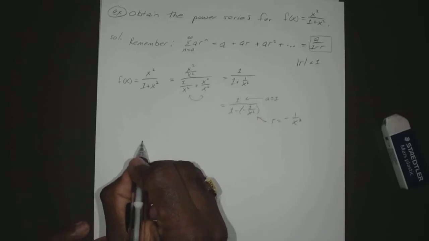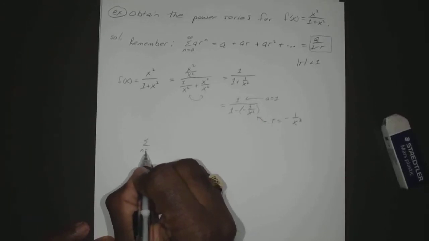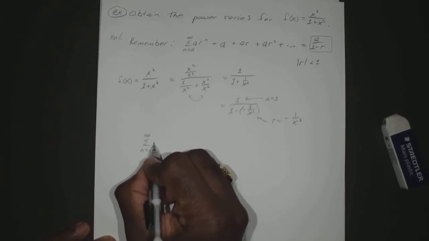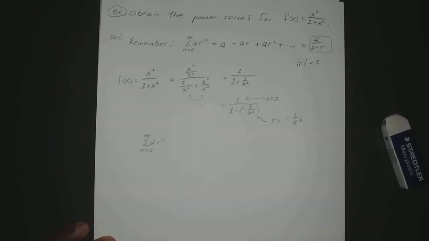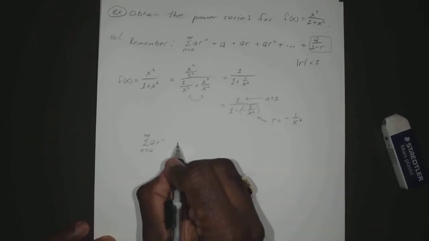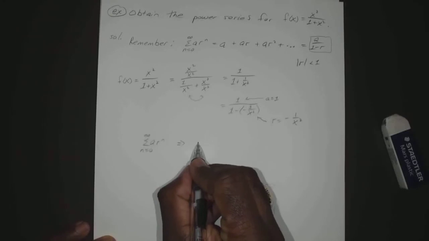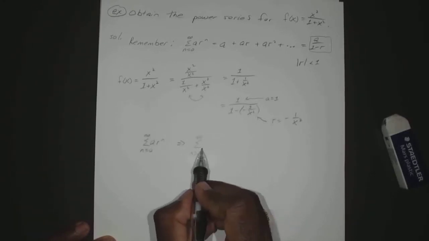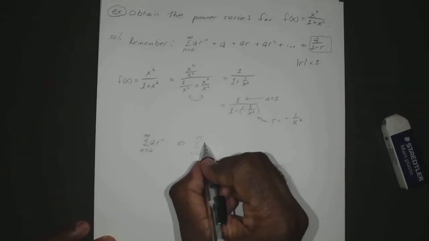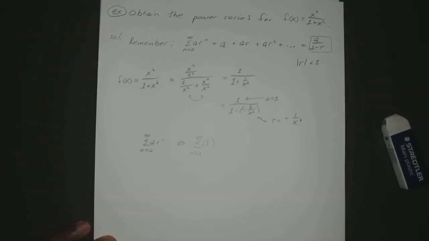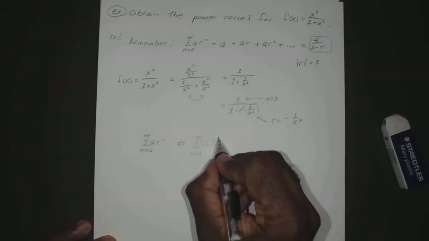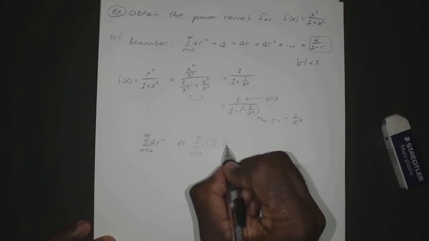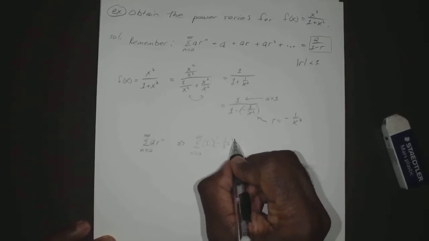Okay, so from n equals 0 to infinity, a times r to the n is going to become the sum from n equals 0 to infinity. You don't have to put the 1 there, but I'll put it just as kind of a placeholder. 1 times negative 1 over x squared to the nth power.